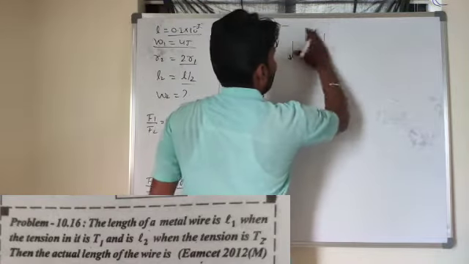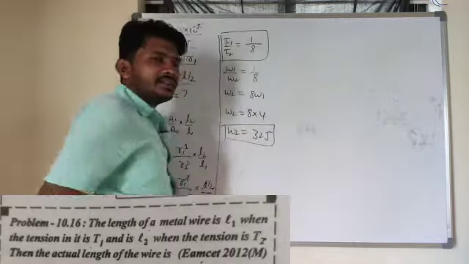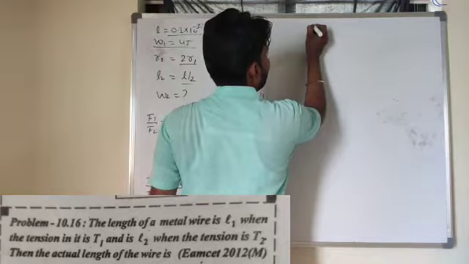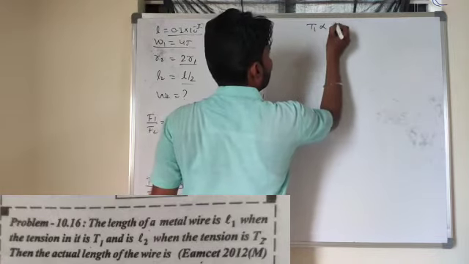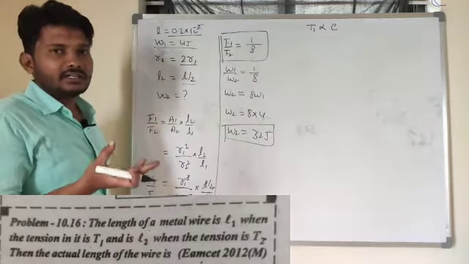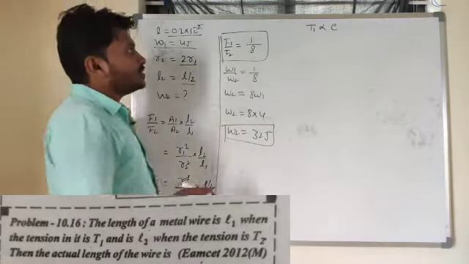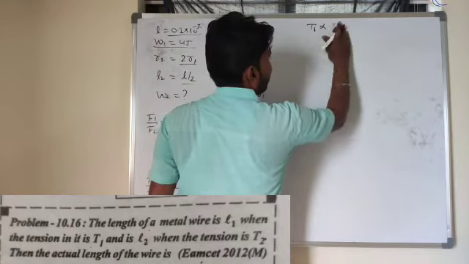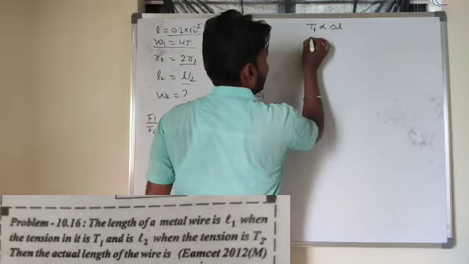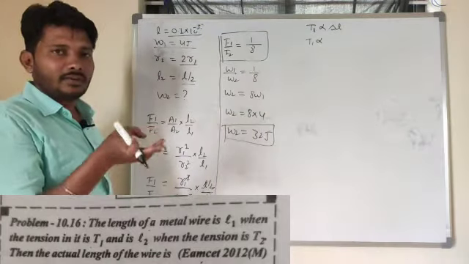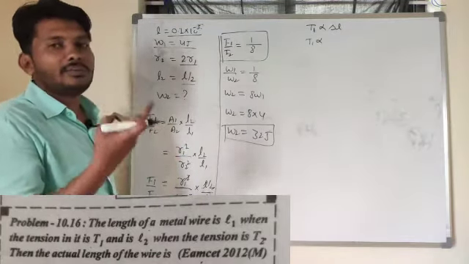In order to get that, elongation is directly proportional to force. So elongation is directly proportional to force or tension. So tension T1 is directly proportional to elongation. Elongation is nothing but delta L, so L2 minus L1. If tension T1 is applied, elongation is delta L, which is nothing but final length minus initial length.